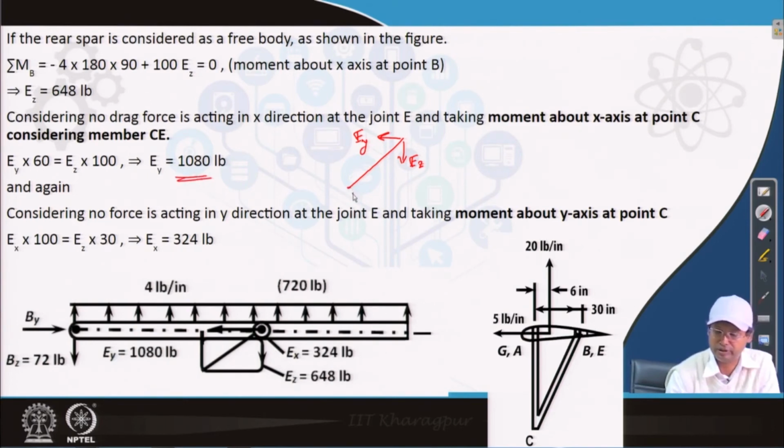This is C, this is E. One more force is there, but it is in the same line of x direction, that is why E z is not considered.